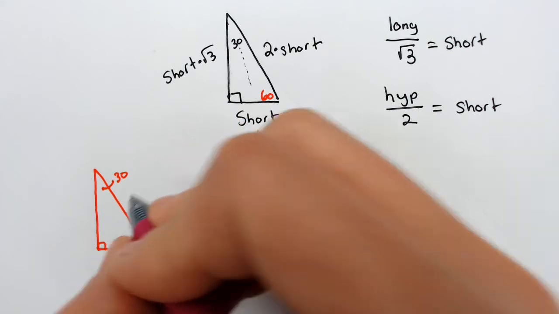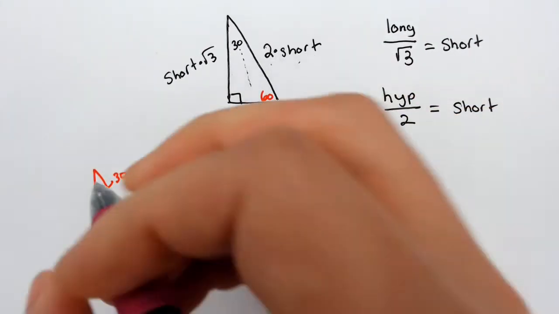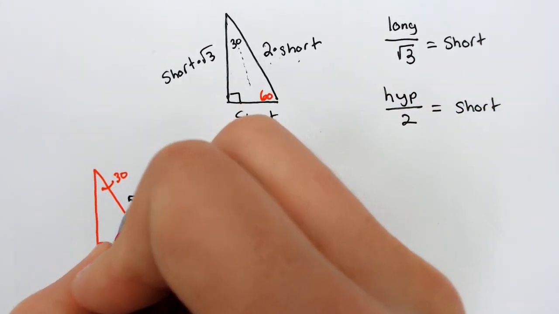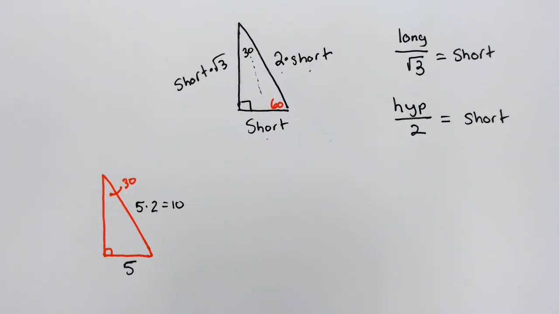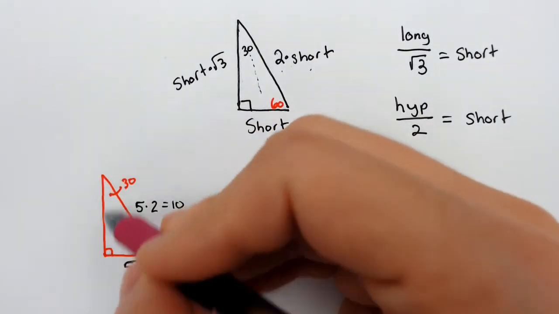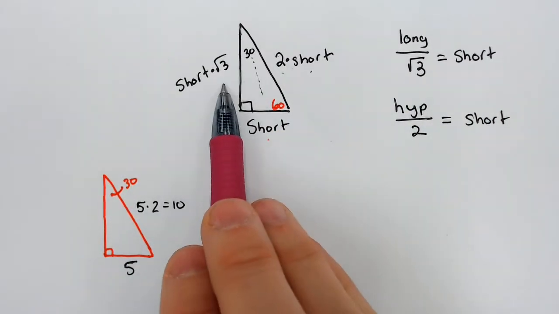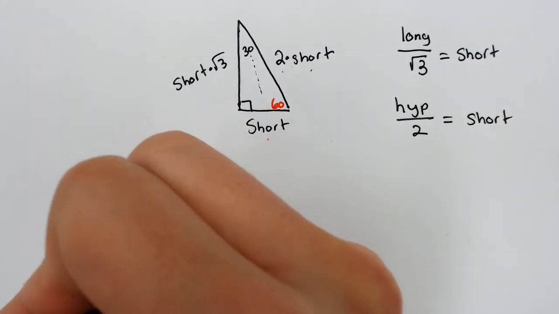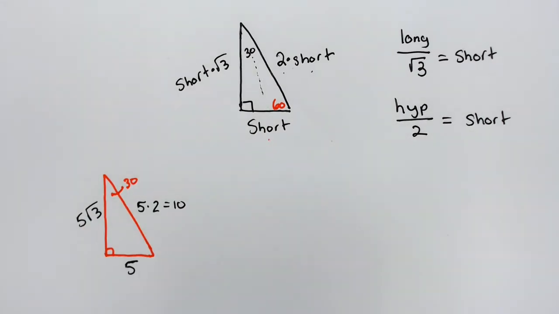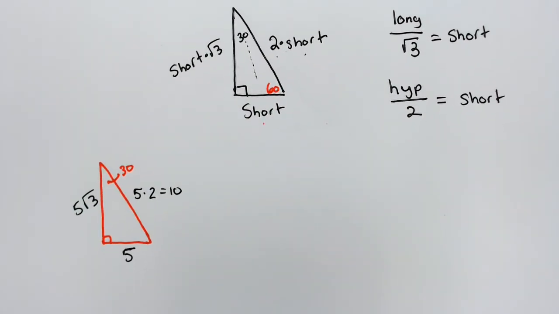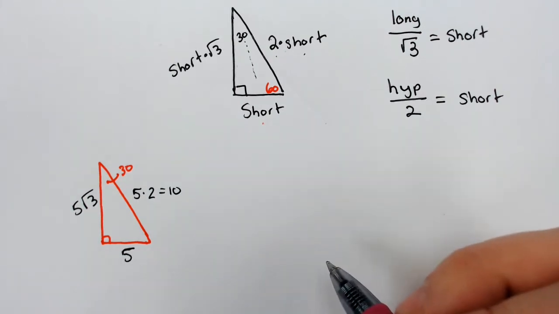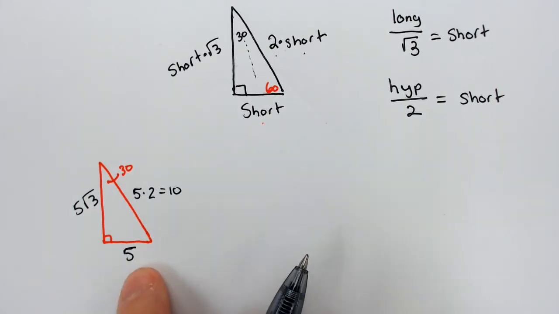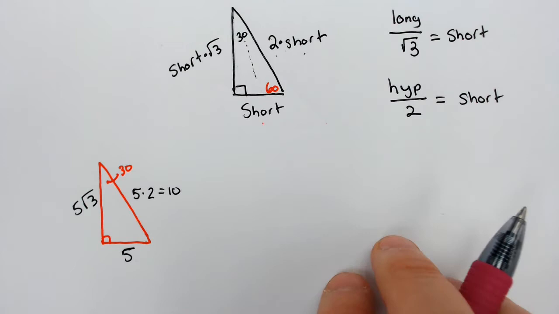The hypotenuse is going to be 2 times the short side, so we got 5 times 2, which is 10. And the longer side right here is going to be the short side times the square root of 3, which is just 5 square root of 3. And that's it. You're done. Don't have to do anything else. That's when you're given the short side. When you're given the short side, everything is easy.